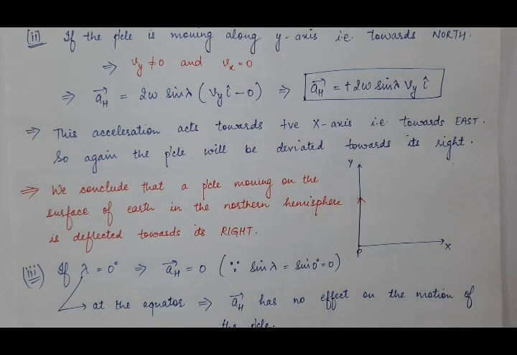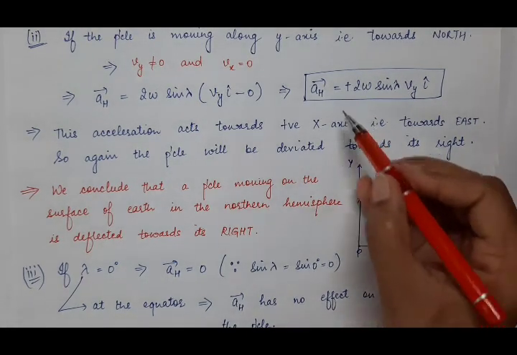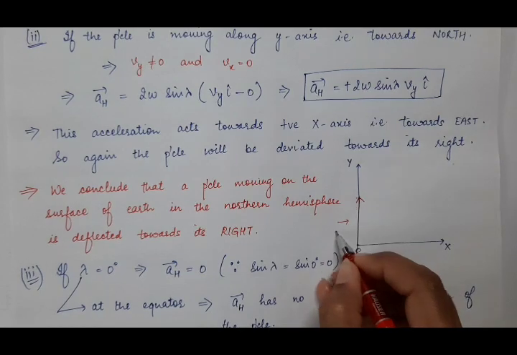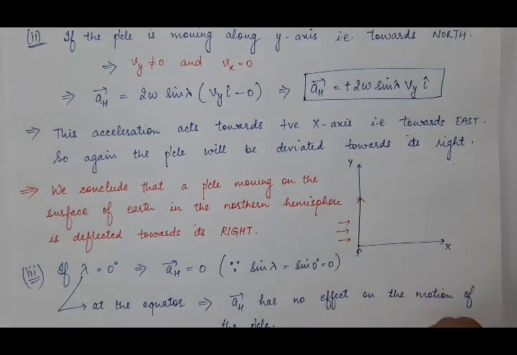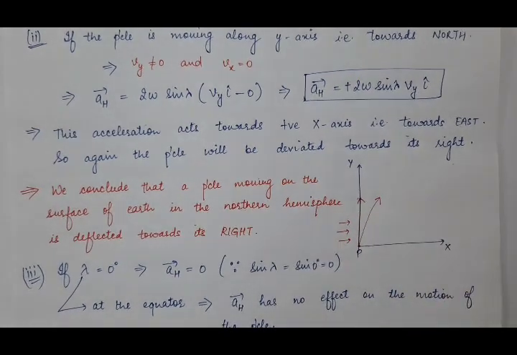But because of the horizontal component of Coriolis force, which is acting towards the positive x-axis, this force will deviate the particle from its path towards its right, that is towards the positive x-axis or towards east.